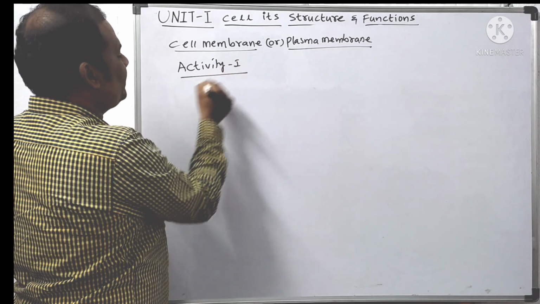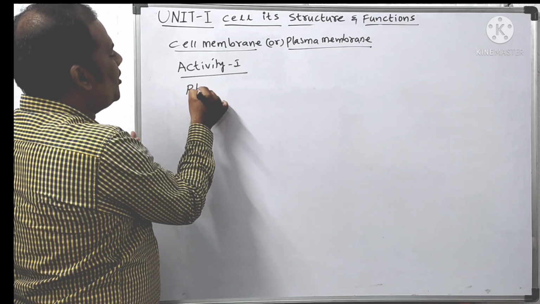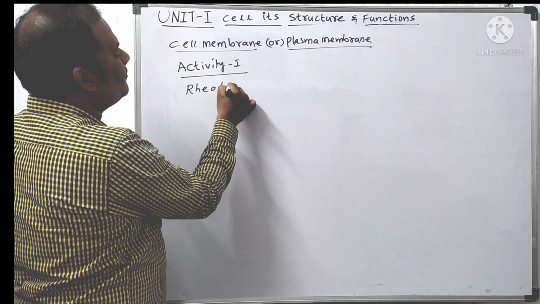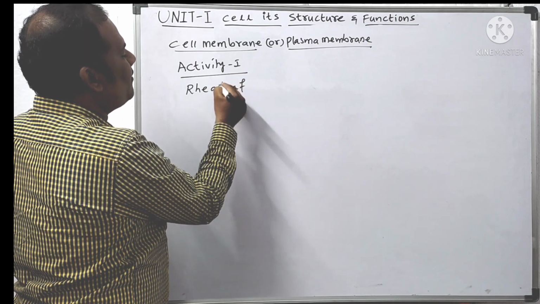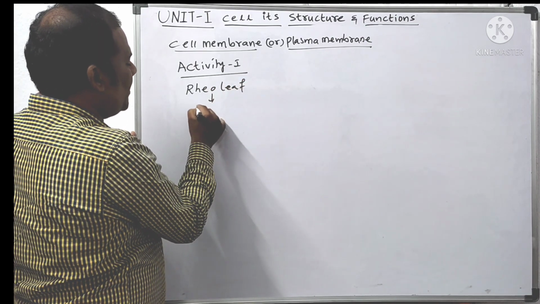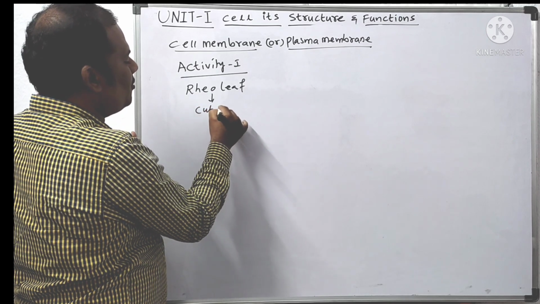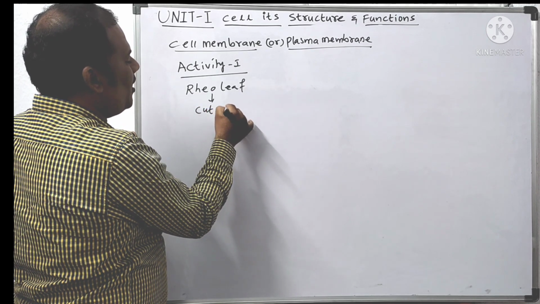Activity 1. In that activity, what do you have to take? You have to take a Rhoeo leaf, and cut it into 2 equal halves.